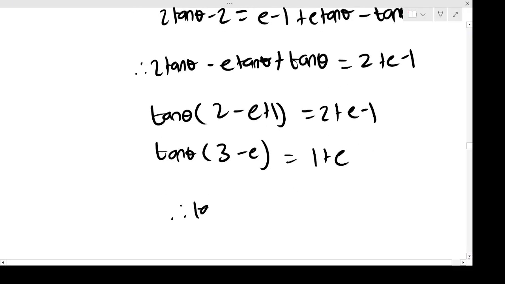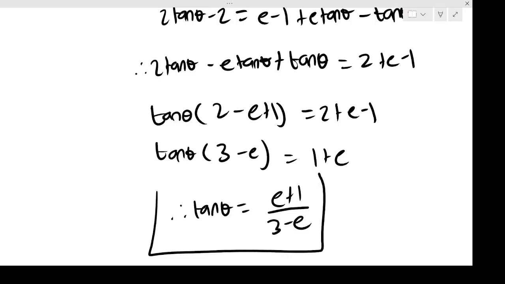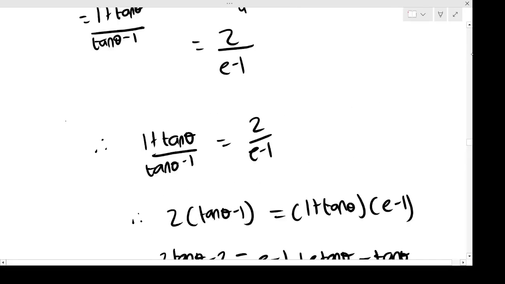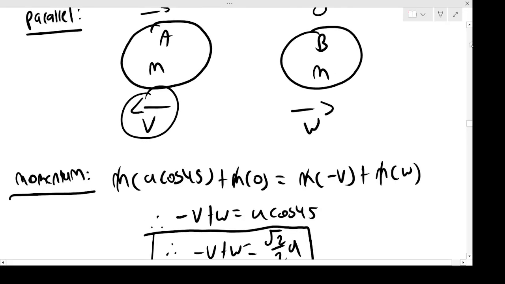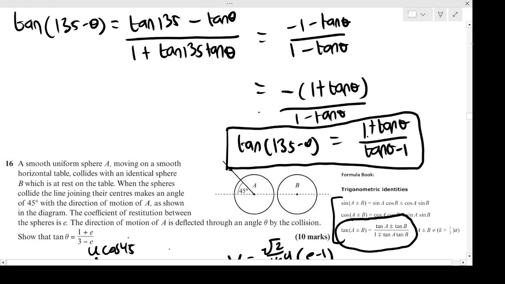Then we can just divide by 3 minus e to get tan theta to be e plus 1 over 3 minus e. And that should be the expression they wanted. Yes. There we are. We got there. Tan theta is 1 plus e over 3 minus e.